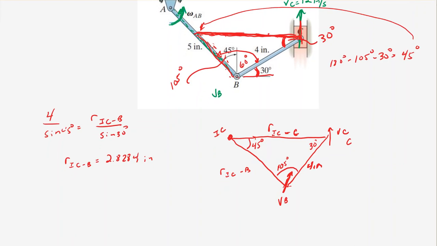Okay, then I can do it again and go 4 over sine 45 degrees equals R of I, C to C over sine of 105 degrees.